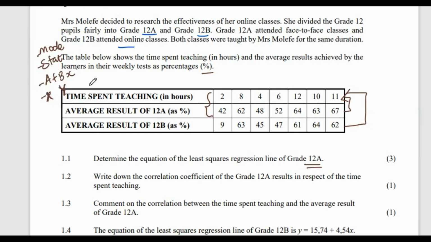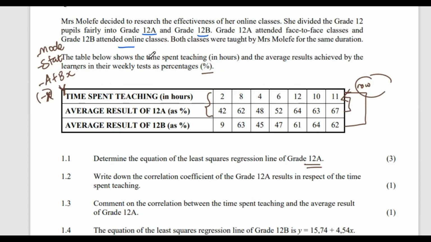So what we said was that the first row will always indicate the X values or the independent variables. So we enter this, we capture that. So 2 equals, 8 equals, 4 equals, 6 equals, 12 equals, 10 and 11.